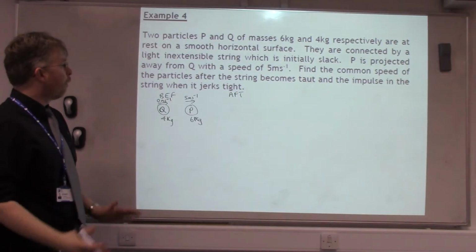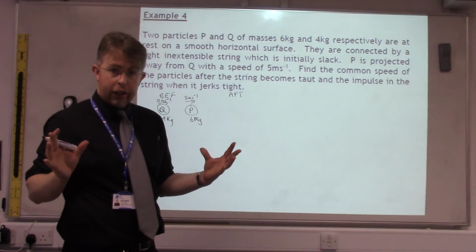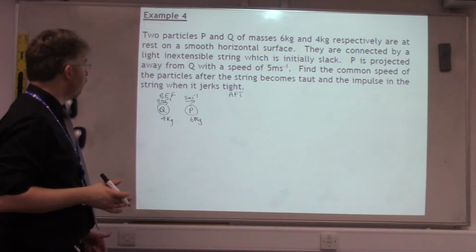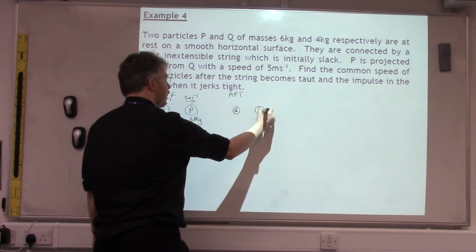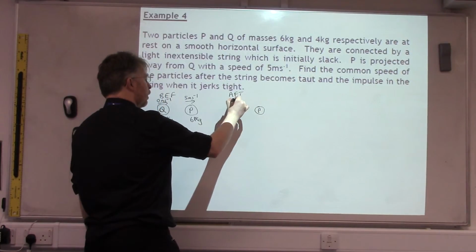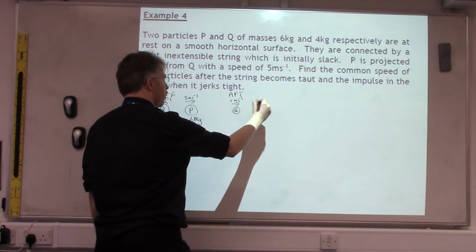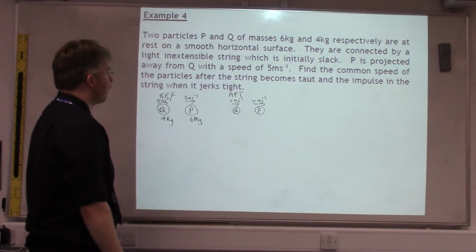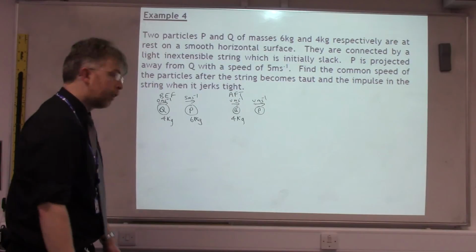Afterwards, after the point where the string jerks and pulls tight, they'll move at a common speed. So what we're asking for here is, first of all, what is that common speed? So I'm going to call the common speed V. There's a link here with connected particles.